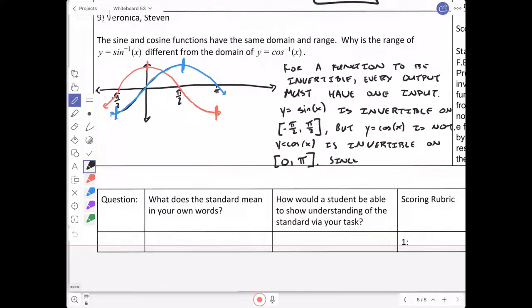Since we use different domain restrictions, the inverse functions have different ranges.